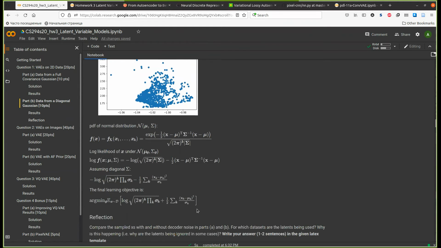Another thing I just wanted to allude to shortly is the relation of mean squared error to the log likelihood under a normal distribution.